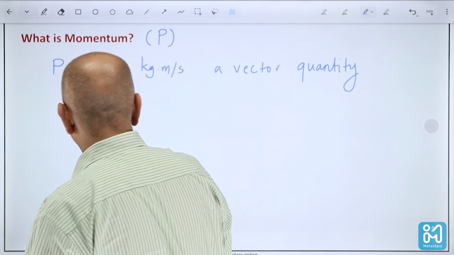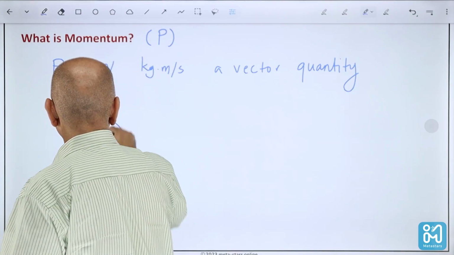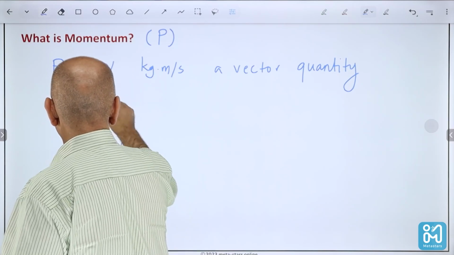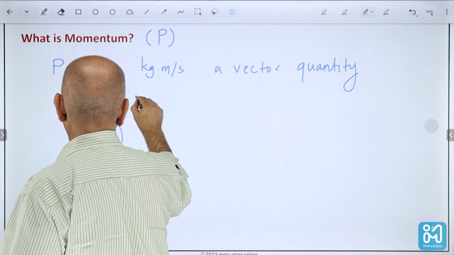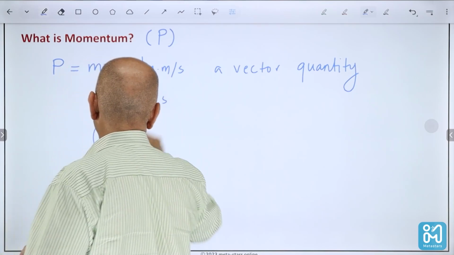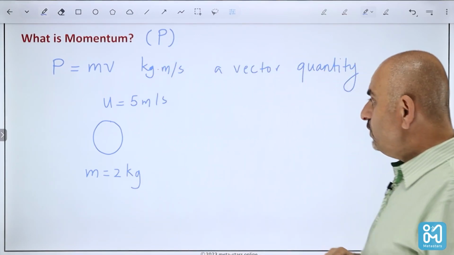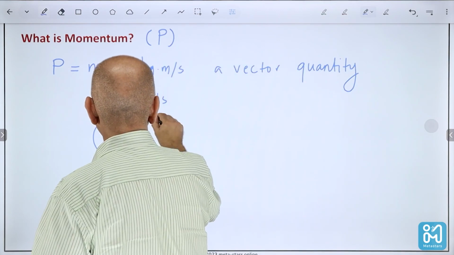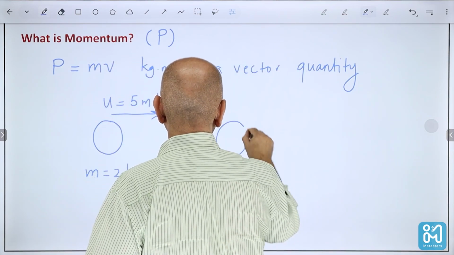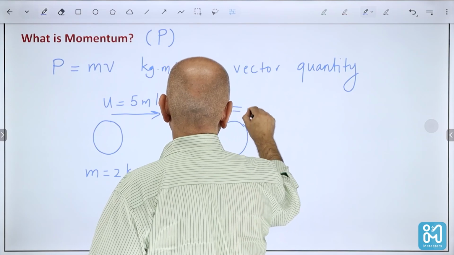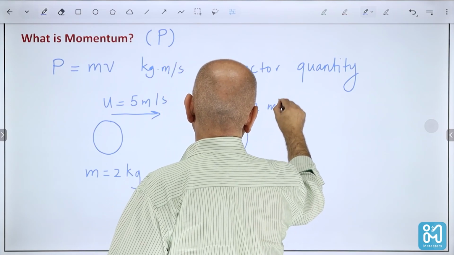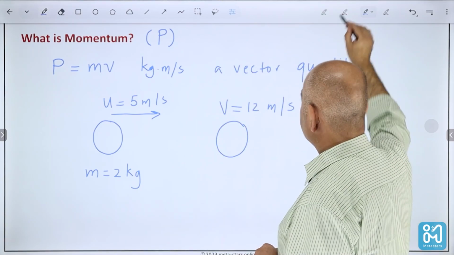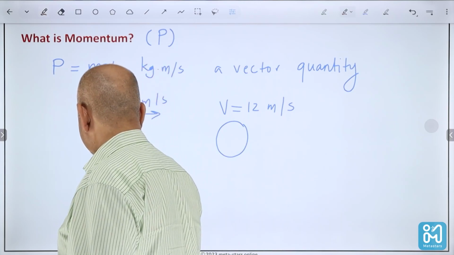That is for momentum. Well, let's say that a mass of 2 kilograms is moving at an initial speed of 5 meters per second. And all of a sudden, a force acts on that mass, increasing its velocity to 12 meters per second. Well, there is an increase in momentum, right? What was the momentum initially?